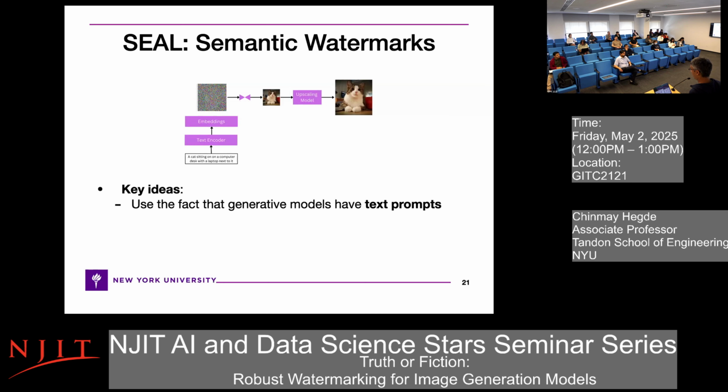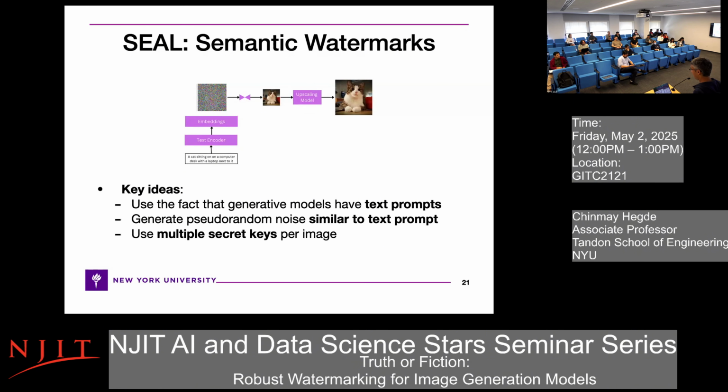We make sure that the noise that the pseudorandom number generator produces matches the text prompt. So somehow there's some similarity there. The semantics of the prompt is used to guide the noise generation. That's one idea that we use here. That's used in the verification process, as we'll discuss later on.